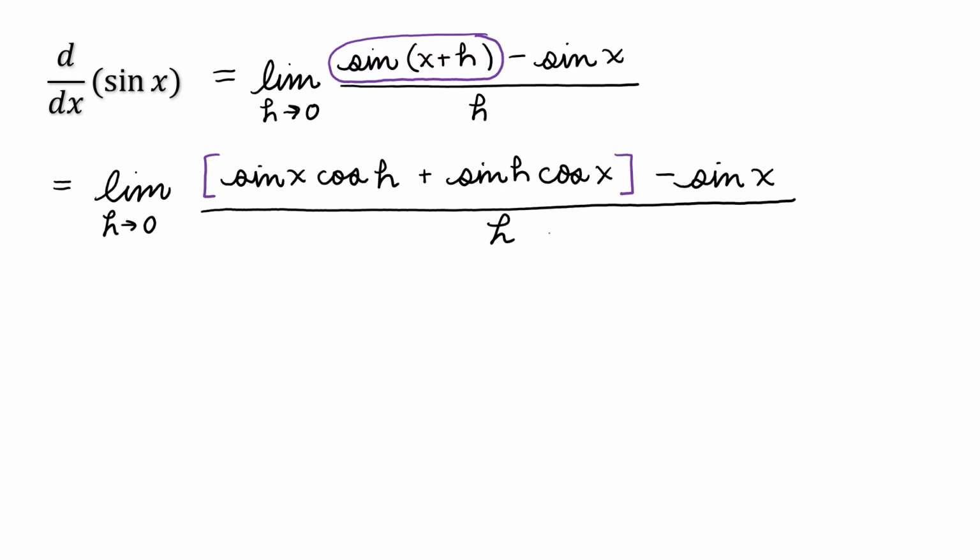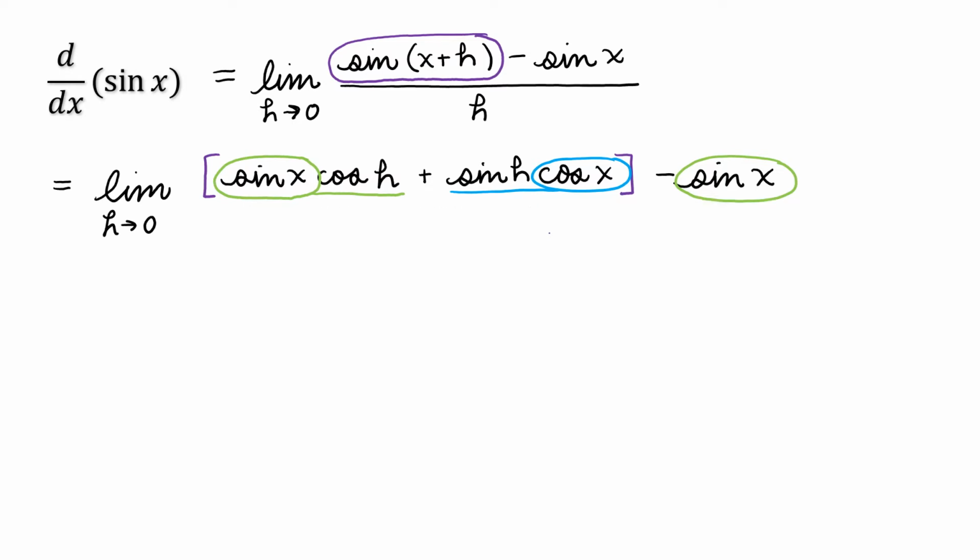So let's group things with sine of x together and group terms with cosine of x together separately, keeping in mind that this cosine of h is going to follow this sine of x along, and this sine of h is going to follow this cosine of x along. And if we look at this, we can actually look at this division by h separately for each term.